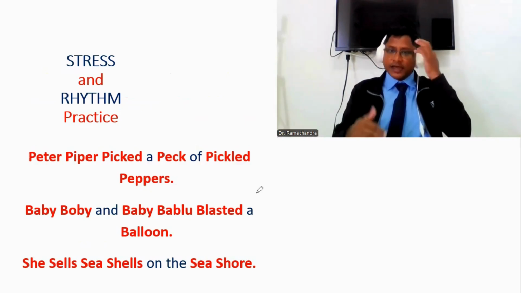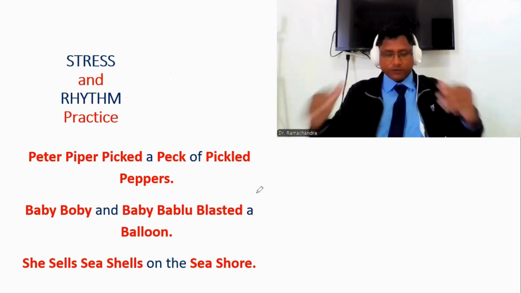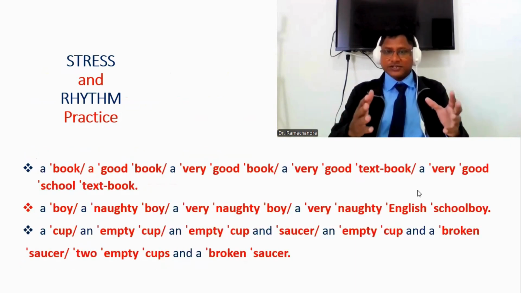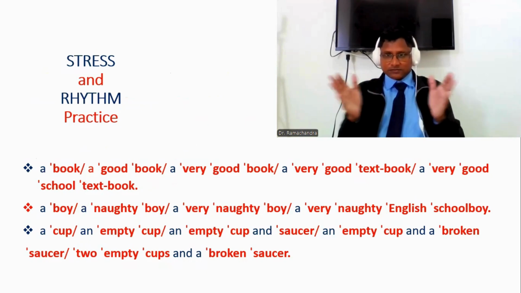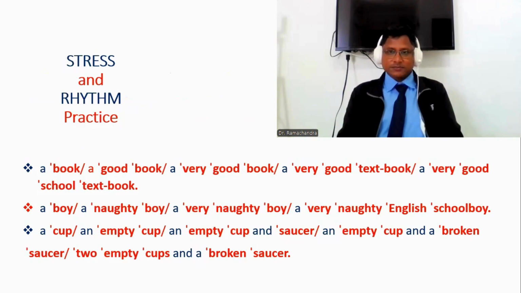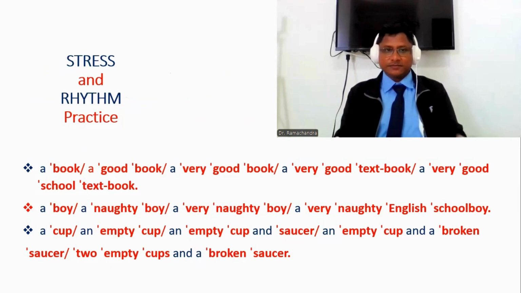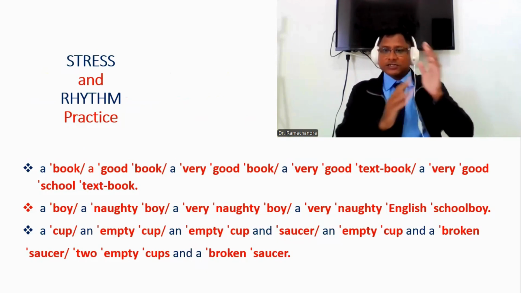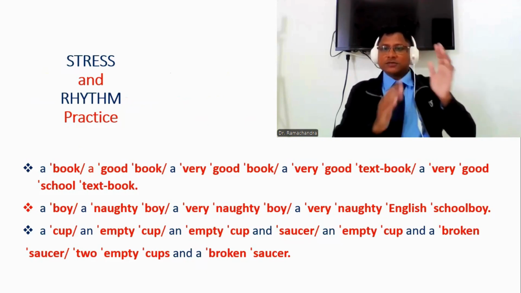But we look at how to improve rhythm more. I give you more examples. So look at that. Now look here. It's very interesting. You take sentences like this and give them to the students. They can improve rhythm easily. Now look at this. A book, a good book, a very good book, a very good textbook, a very good school textbook.